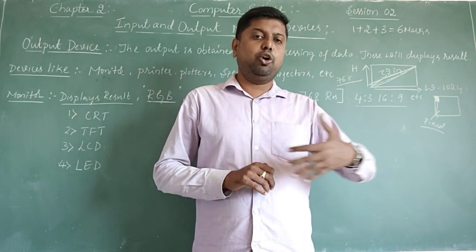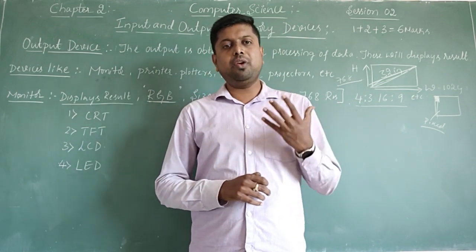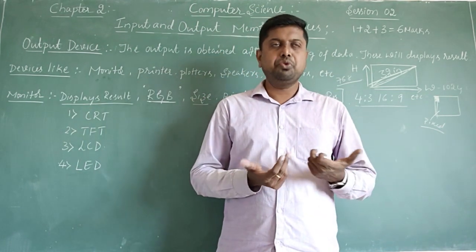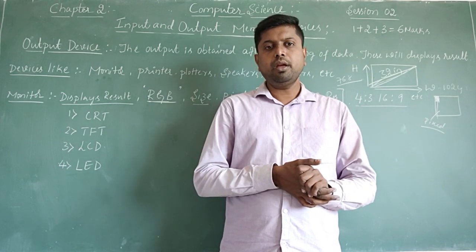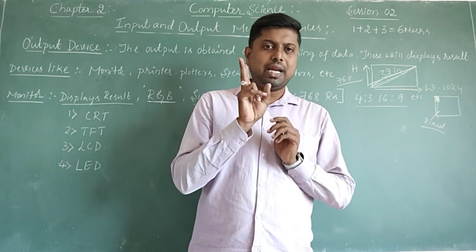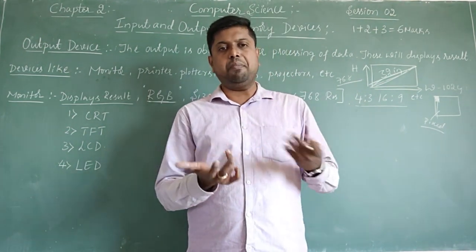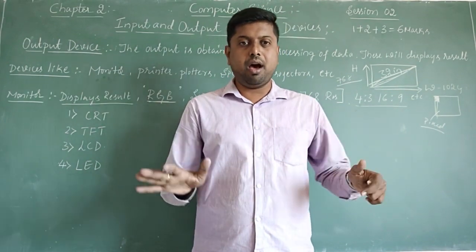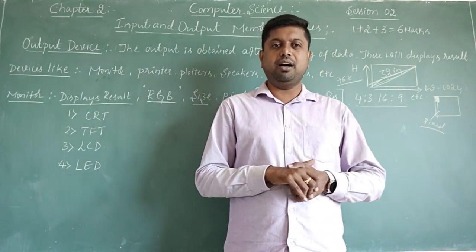But now we will discuss one more very interesting topic, the types of monitor, and how they are classified. See, in older days, in our homes, we had a black and white TV. Monochrome displays produce only a single color, either white and black, a black and white combination, but no other color combinations were produced by those older types of monitors.